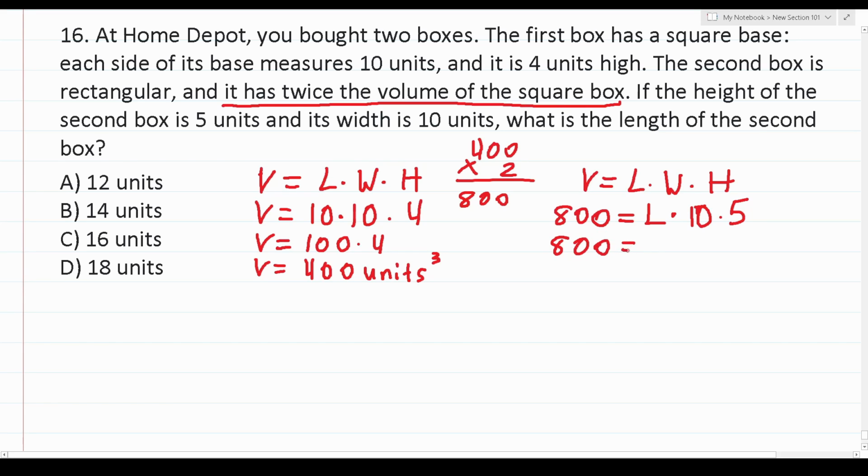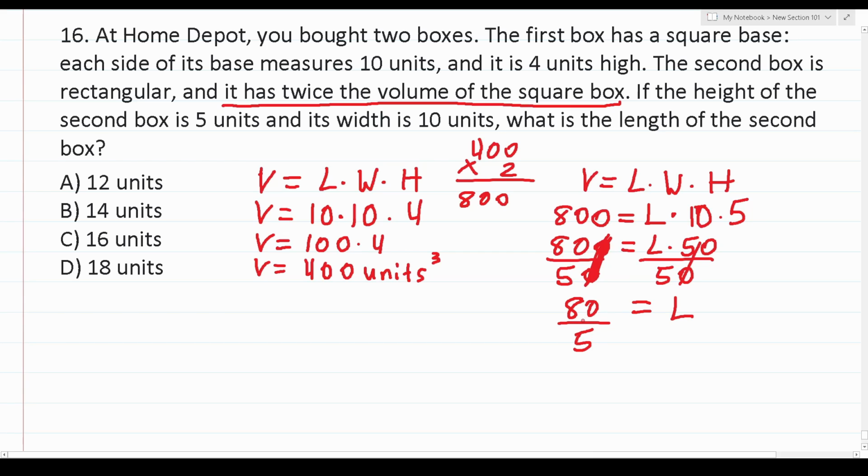This is 800 equals L times 10 times 5. Well, 10 times 5 is 50, so this is 50 times L. And to get L by itself, we're going to divide both sides by 50. This crosses out, leaving you with just L over here. 800 divided by 50. We can cross out a pair of corresponding zeros. So this becomes 80 over 5.